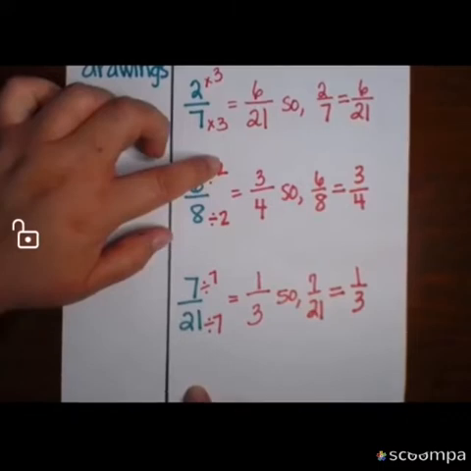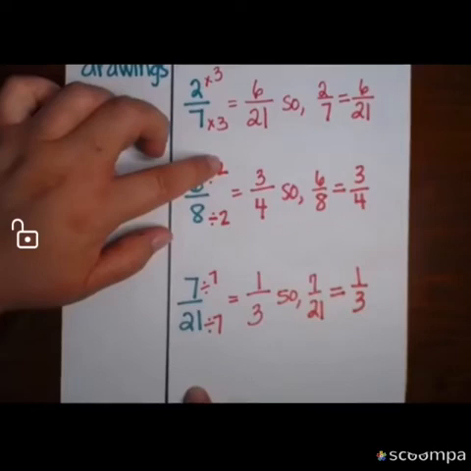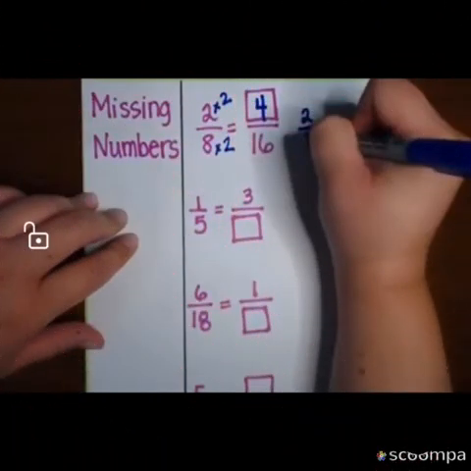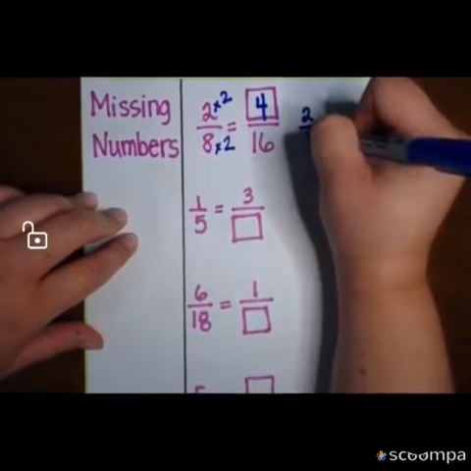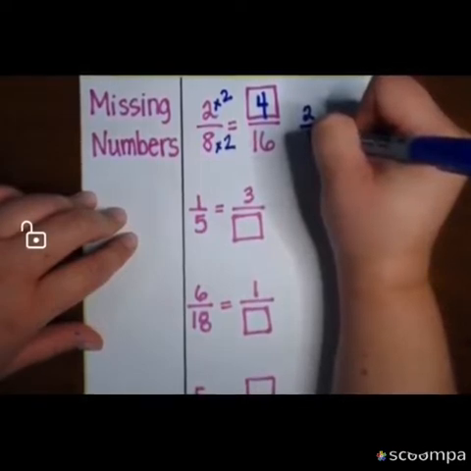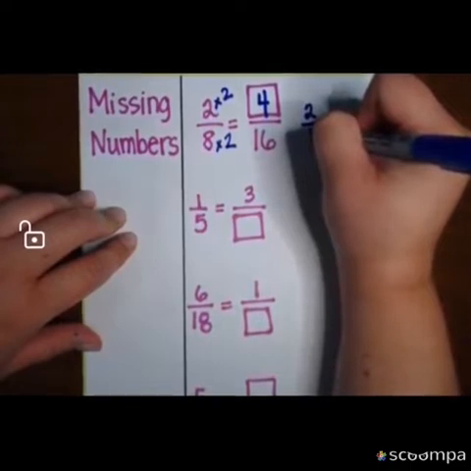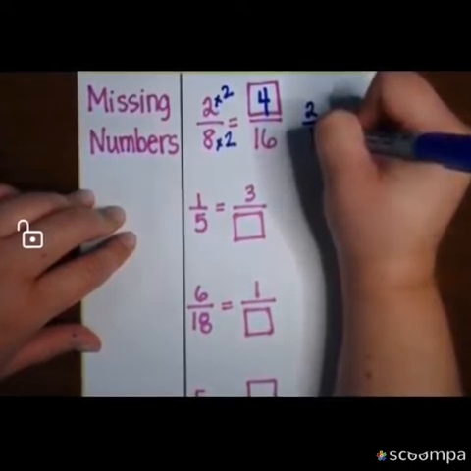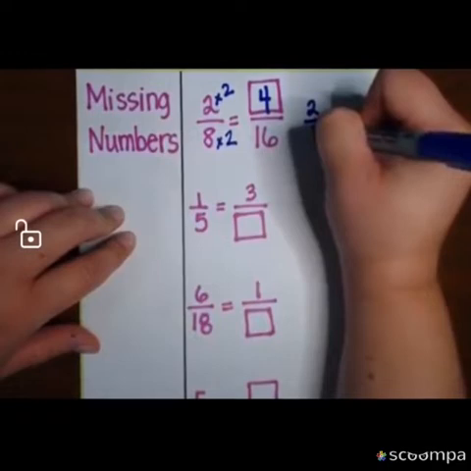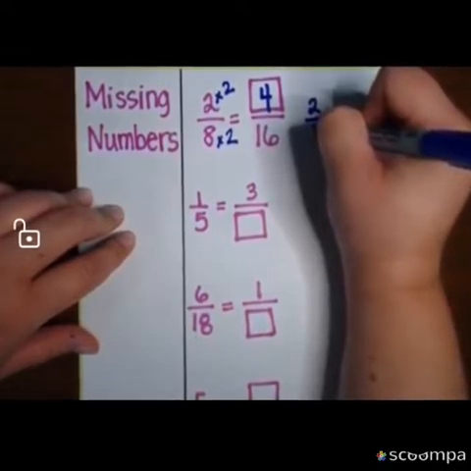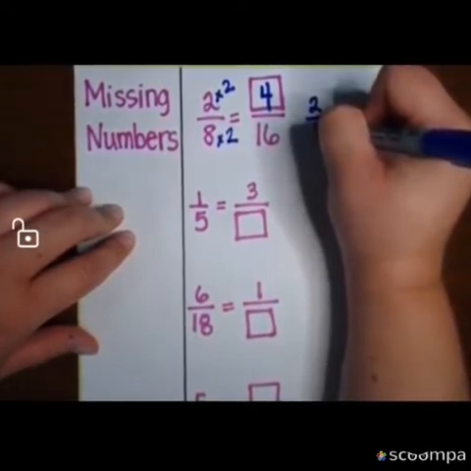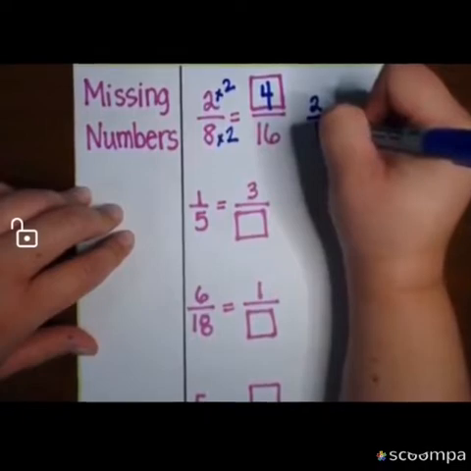Write this please in your copybook. We took this before in our class. Yes, I know you remember. Missing number. 2 over 8 equals missing number over 16. So 8 becomes 16. It becomes a bigger number, so multiply. Multiplication or division? Yes, miss, multiplication.